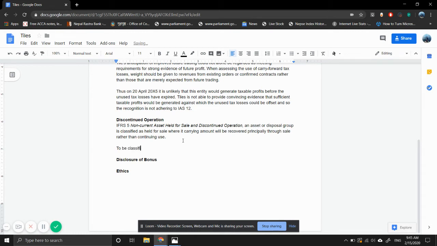So let's talk about the criteria. To be classified as assets held for sale, the following criteria must be met. What are the criteria? The first criterion is that the asset is available for immediate sale in its present condition and location.